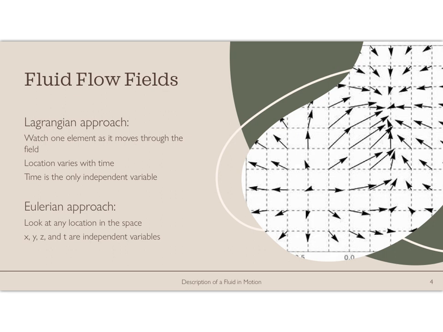If you do the Eulerian approach, you look at the space, and you can choose any location. It's your choice, okay? The variables X, Y, Z, and T are all independent in the Eulerian approach. We are going to be adopting the Eulerian approach for this course. So X, Y, Z, and T can all be independent variables.